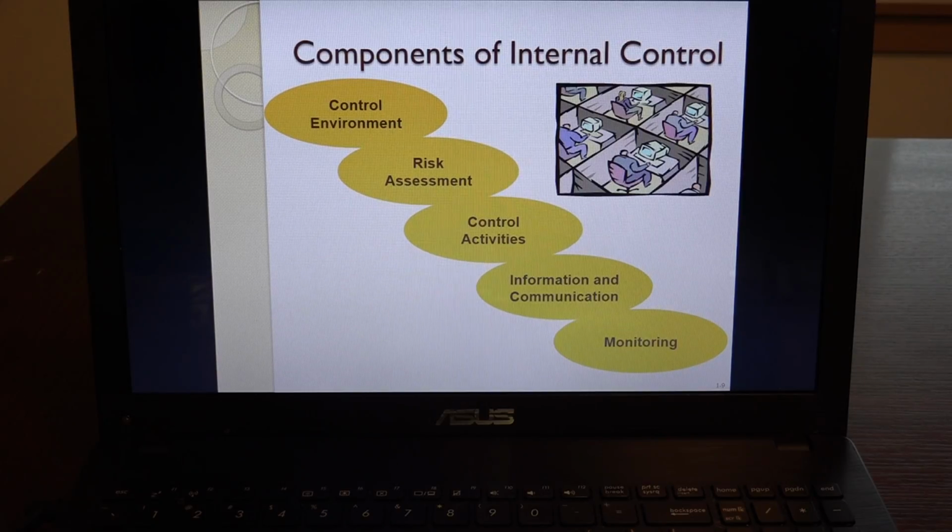And then on top of all that, you have to monitor to see whether or not internal controls are being enforced and if they're effective. If not, time to change.